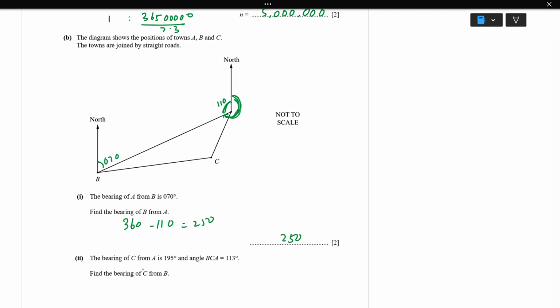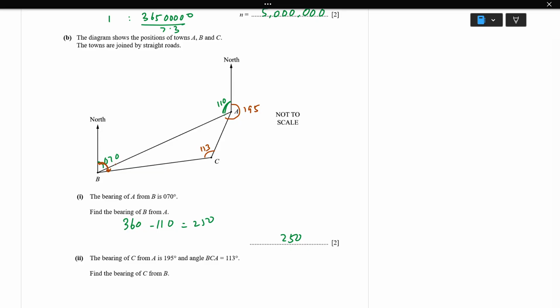So next one, the bearing of C from A is 195. So here to here, C from A. I will erase this so it will be clear. Okay, here to here is now 195, and the angle BCA is 113. Find the bearing of C from B. From B means we need to find the entire angle.